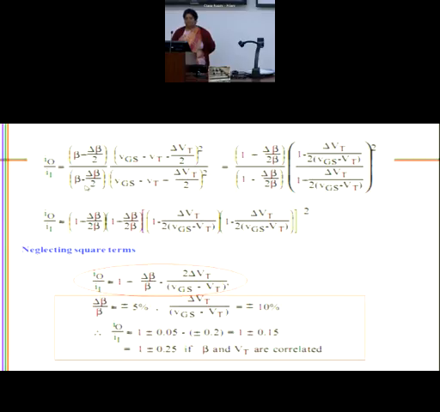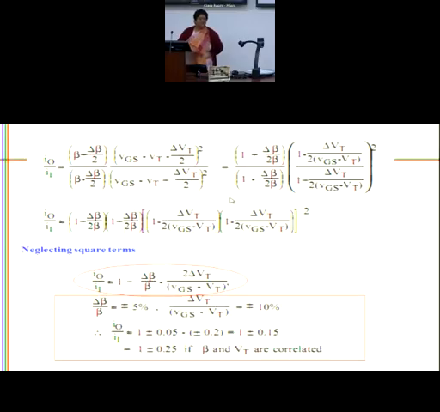Beta 2 is beta minus delta beta by 2. Clear? Then VGS minus VT1, VT1 is written as VT minus delta VT by 2 whole square. Then VGS minus VT2, VT2 is written as VT plus delta VT by 2 whole square.